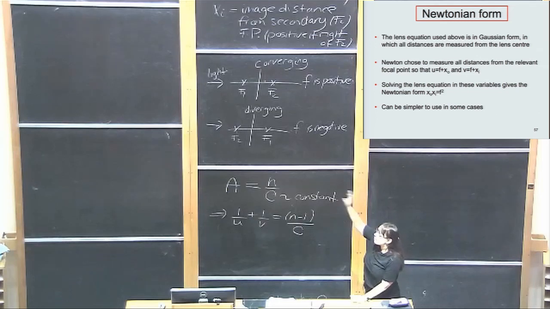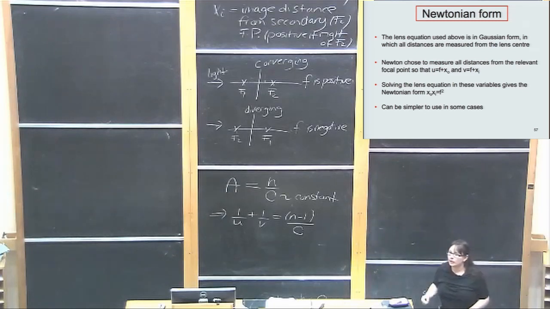So everything we've done is in the thin lens approximation, right? So indeed you would have to modify both the Gaussian form and the Newtonian form if you want to talk about thick lenses, and we'd have to go through from the start and derive everything again properly, which would take a long time. You cannot just change f squared to F1 F2.